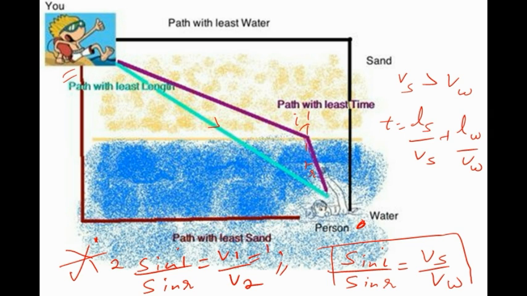This will be the refractive index of medium 2 with respect to 1. So you can express it as a ratio of velocities also. And this example shows that whether it is a light ray or a human, if there are two different velocities in two different mediums, then to take the shortest time possible, you will have to take a path which obeys Snell's law, something like this one.